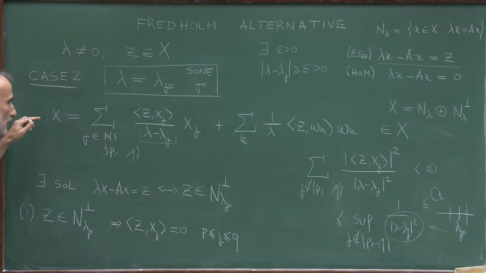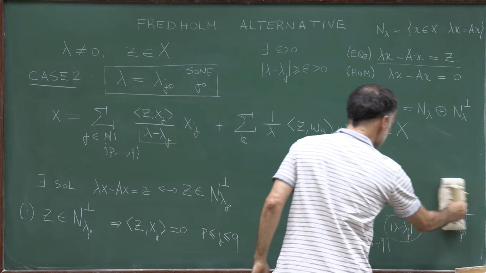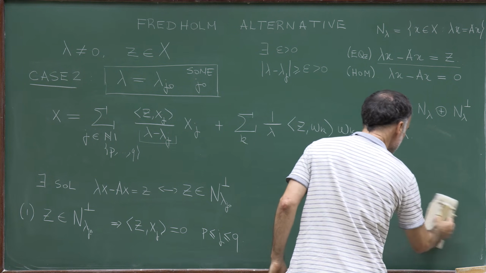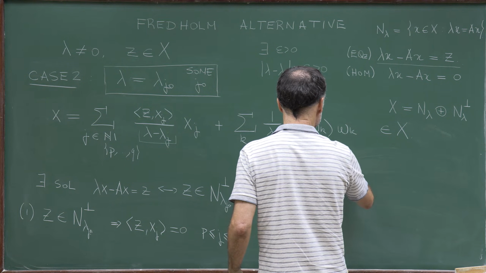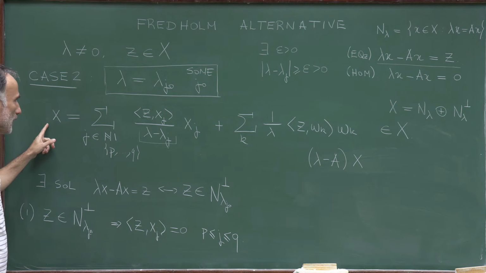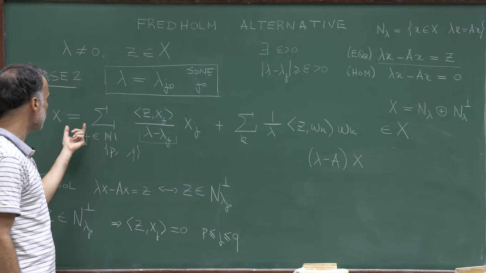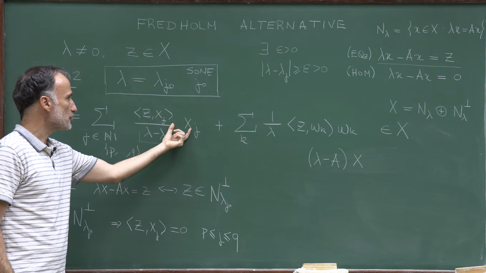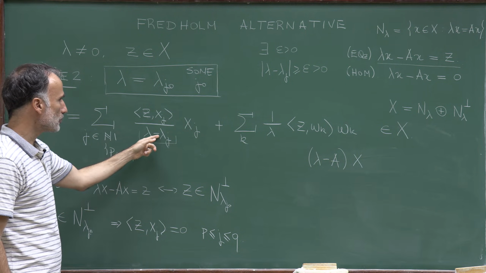Now I claim that this element is a solution, and to prove that it is a solution, what I have to do is to compute lambda minus a x. When I compute lambda minus a x, you see that here I will get lambda minus a xj, so this will give me lambda minus lambda j, which will cancel with that.